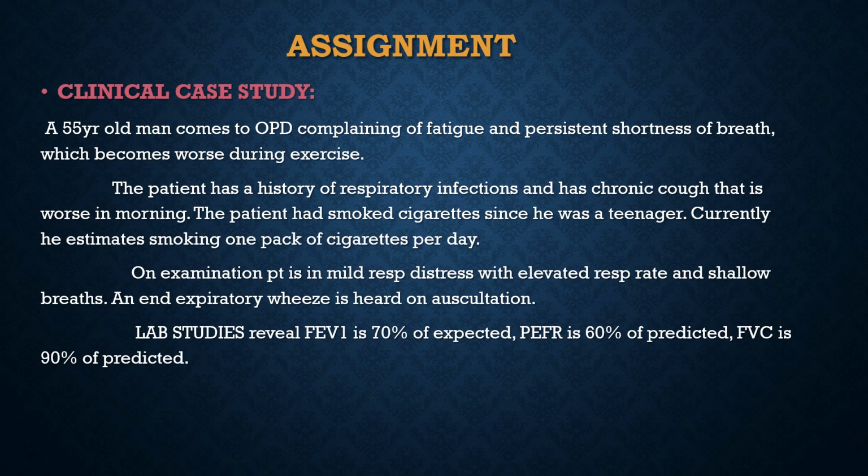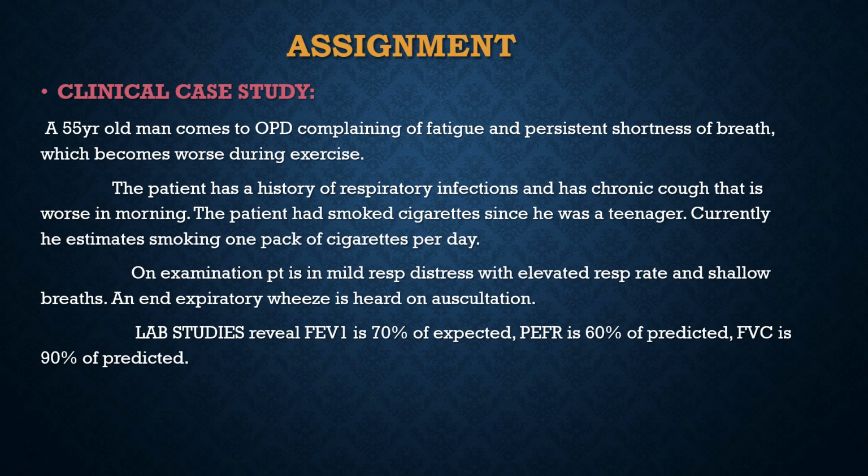So the question I'll read out. A 55-year-old man comes to OPD complaining of fatigue and persistent shortness of breath, which becomes worse during exercise. The patient has a history of respiratory infection and has a chronic cough that is worse in the morning. The patient has smoked cigarettes since he was a teenager. Currently, he estimates smoking 1 pack of cigarettes per day.